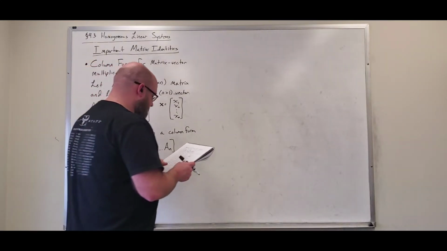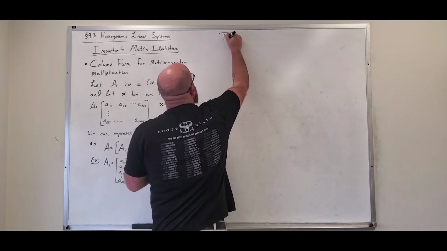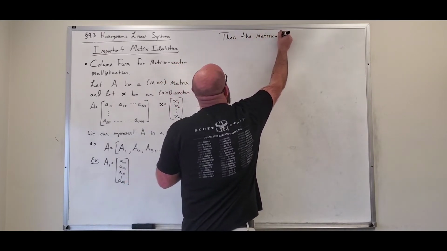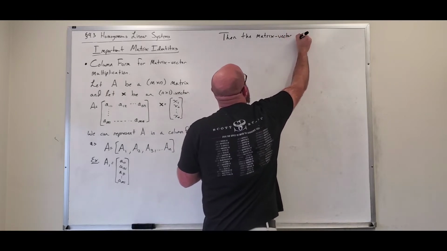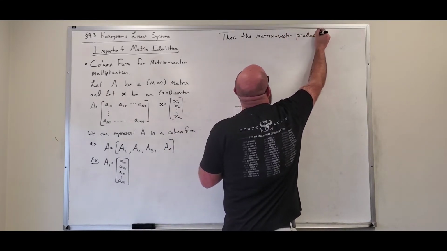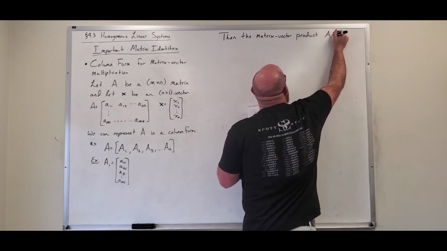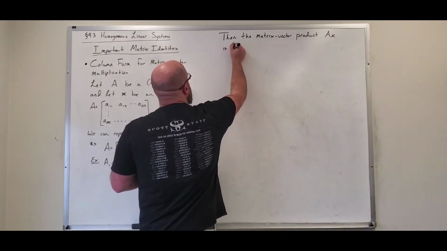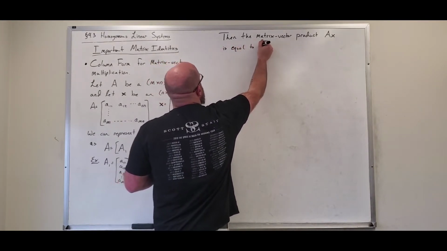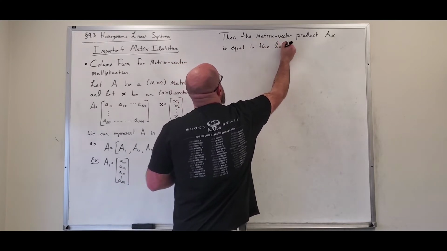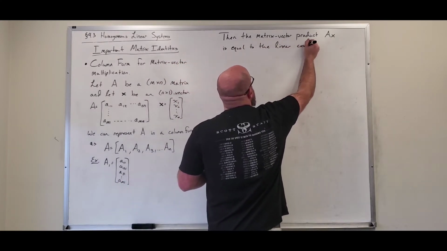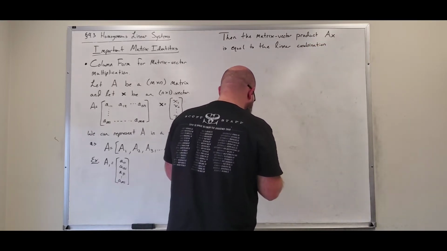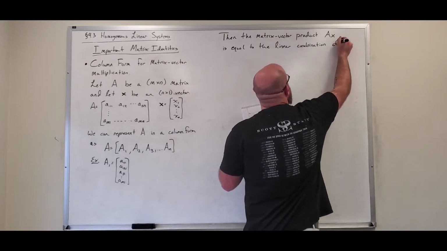Okay, then the matrix vector product, which is represented as AX, is equal to the linear combination of the following.